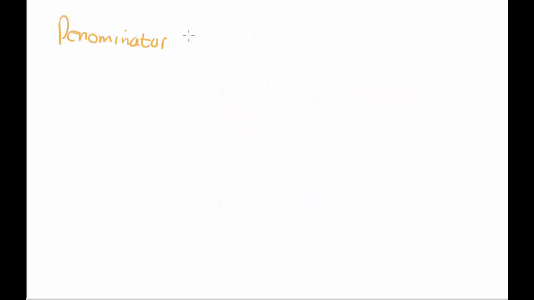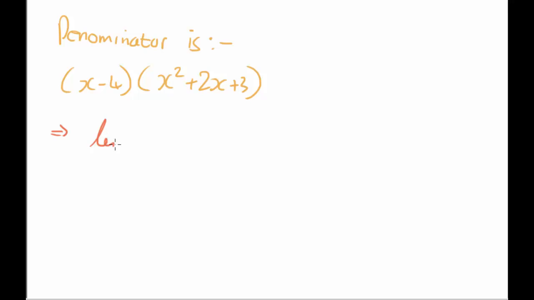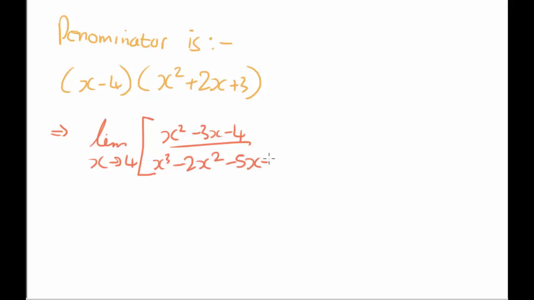So filling that into the denominator, we get x minus 4 by x squared plus 2x plus 3. So when we fill the numerator and denominator back in, this is the original form that it was in, and then you fill in for the limits of the numerator and the denominator.